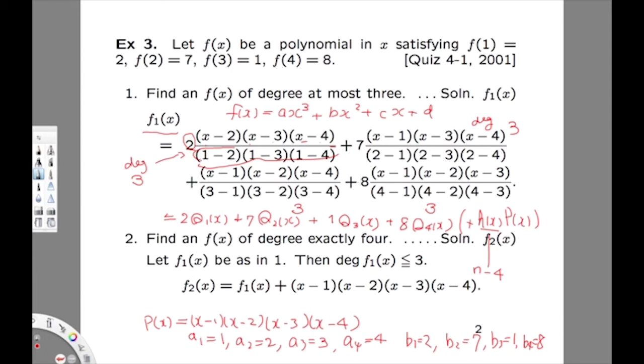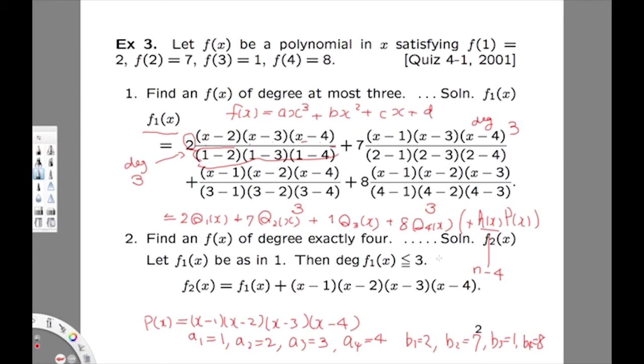So even if you add p of x times h of x here, if you plug 1, 2, 3, 4 into x, it doesn't change the value of the left-hand side. So this is the general form, which was proved last time.